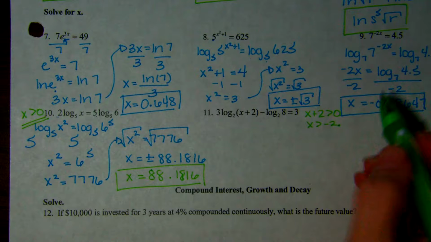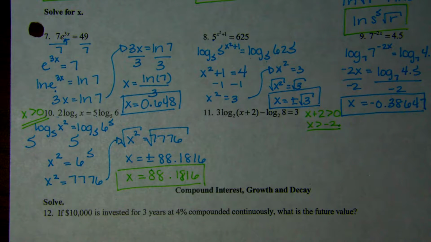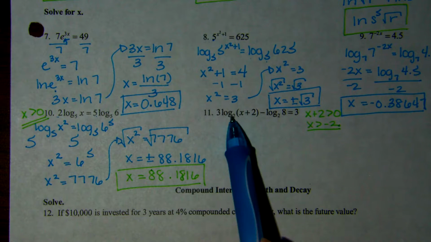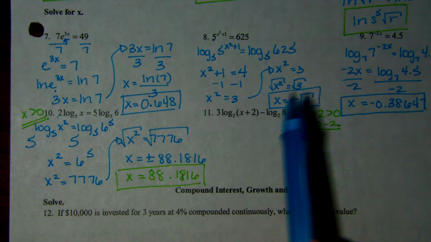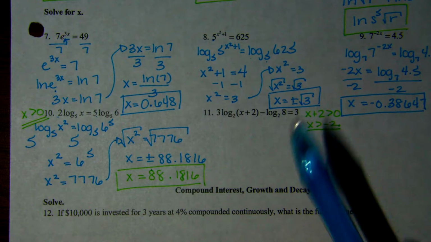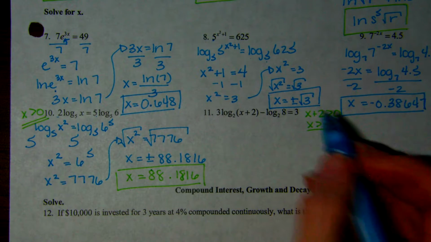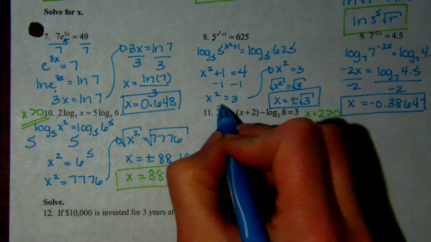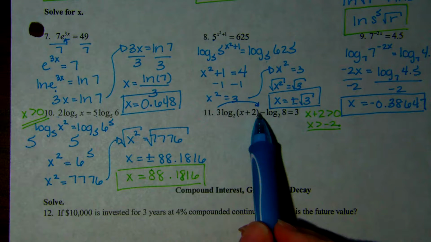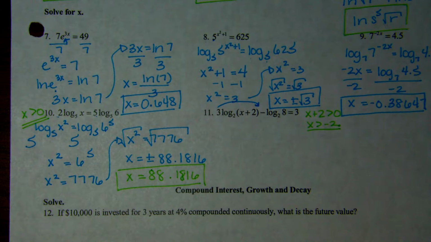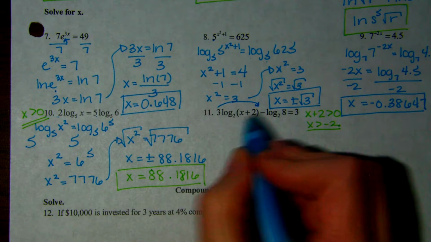Now that we have established that x has to be bigger than negative 2, we're just going to solve the equation. I have 2 logs here. What we need to do, guys, is put these 2 logs together and then get rid of them. So this 3 needs to go back up there on the x plus 2, and then we're going to divide.